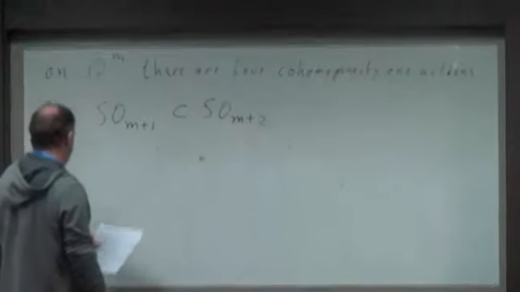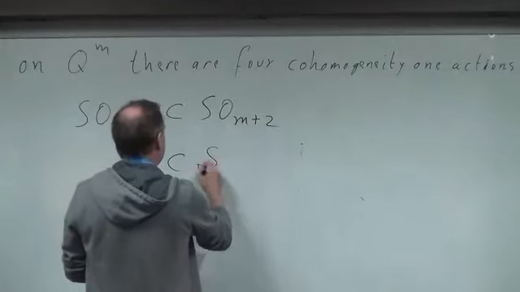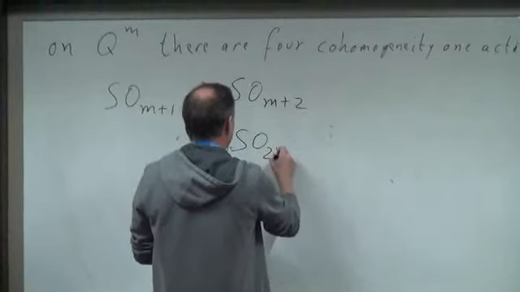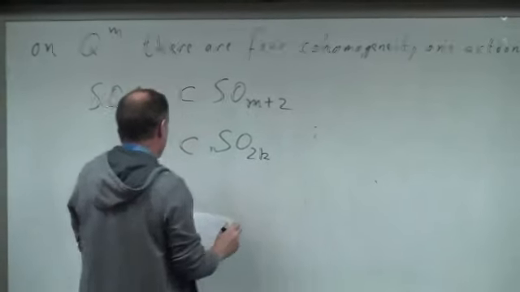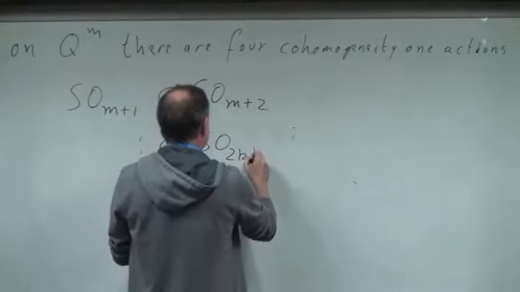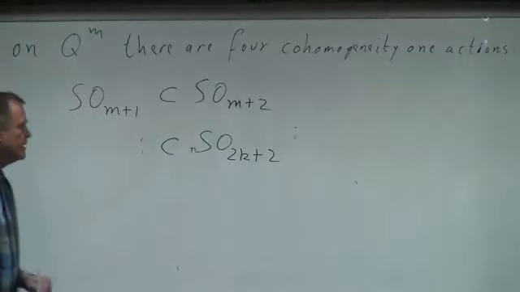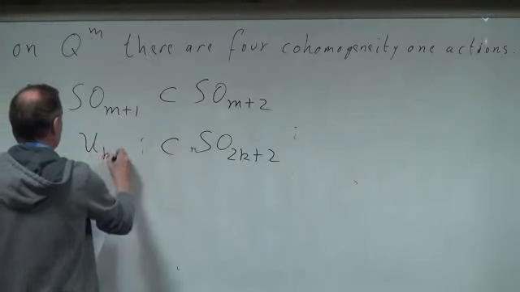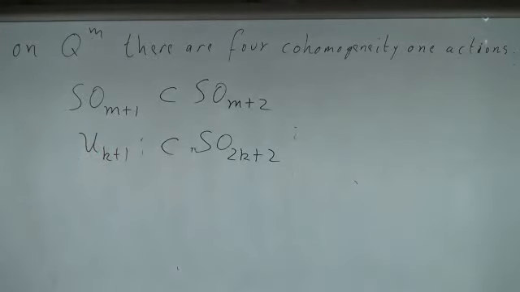The second one is one in SO(2k+2). So m has to be an even number. And inside there we have the unitary group, U(k+1) in SO(2k+2). I'm going to explain how this sits inside there later.